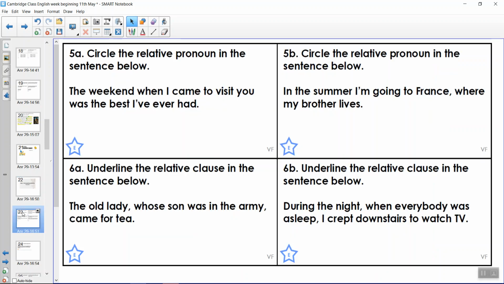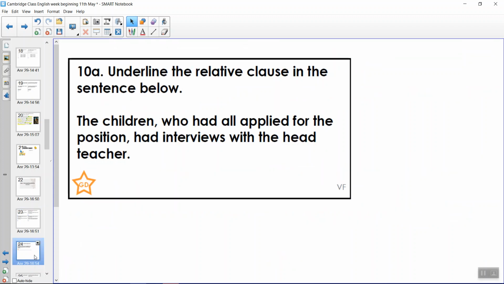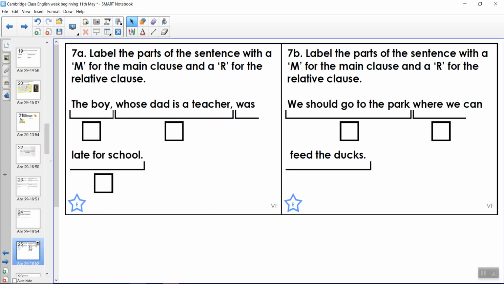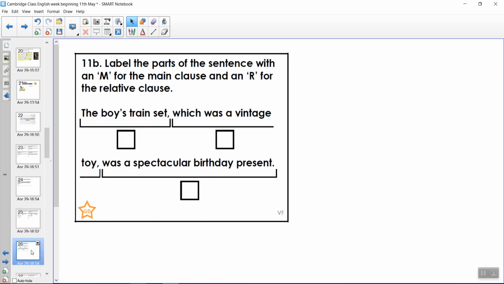So you've got some to have a go at. We'll do the same as we did yesterday. I'll scroll the slides through so you can have a look at them, pause the video and have a go, and then we'll do the answers together. Here's the first one. And here's the next one. And the next one.